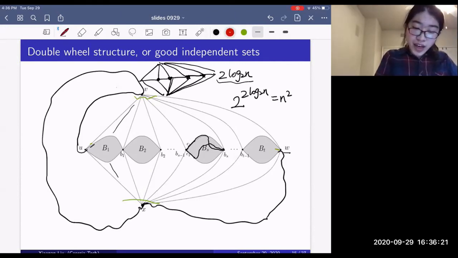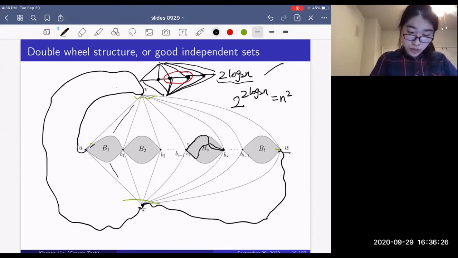If we contract this red edge and we apply induction, we know that since this vertex has degree 4, each Hamiltonian path has two edges incident with this red vertex.